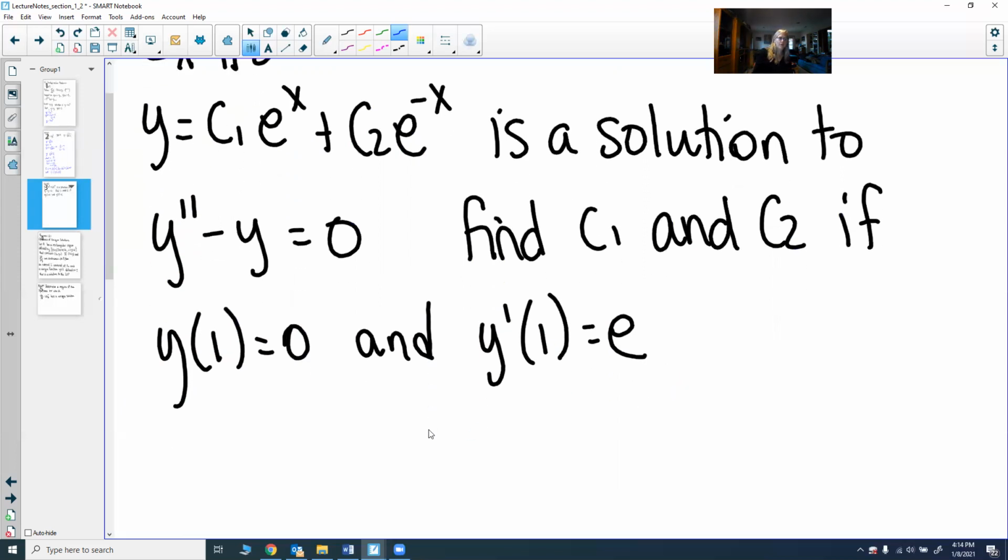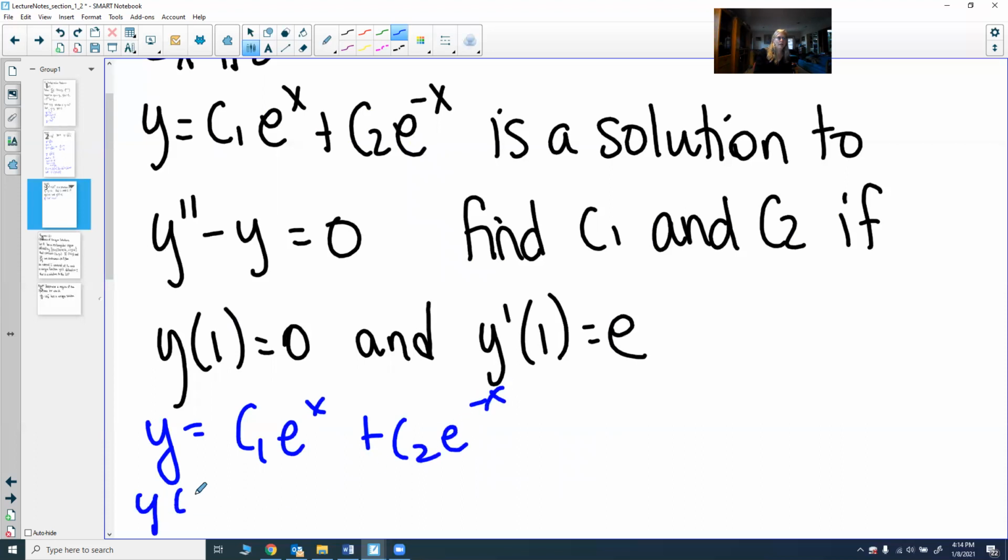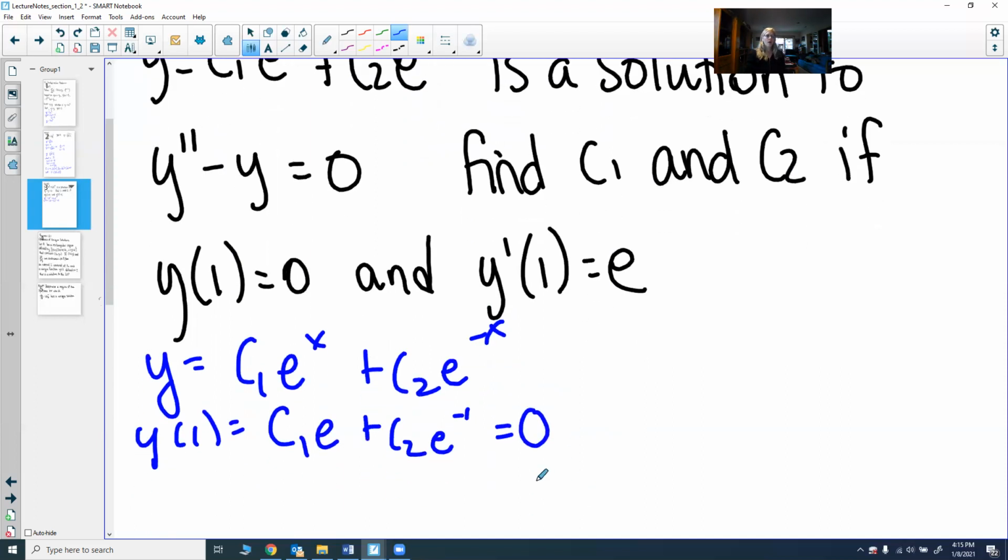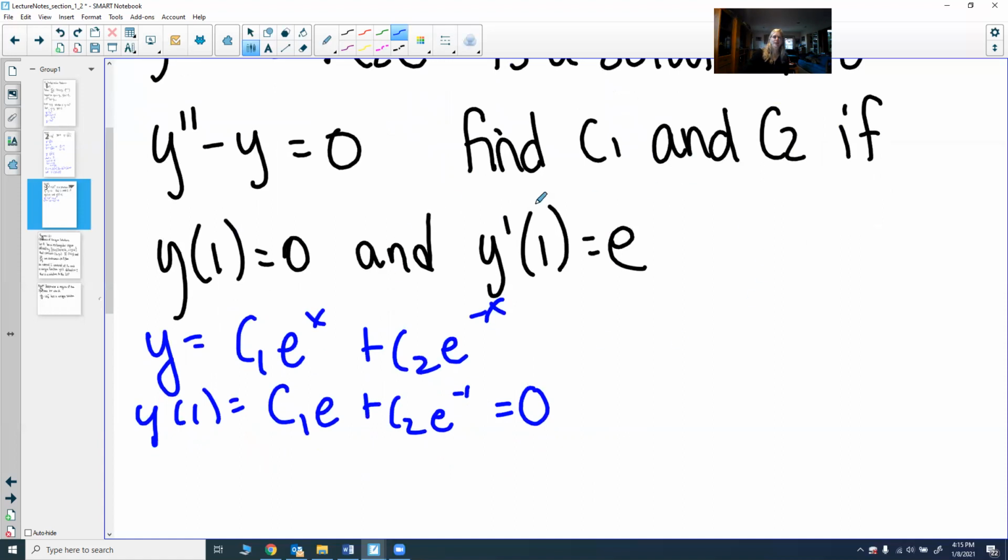So again, using the solution, y is equal to c1 e to the x plus c2 e to the negative x. y of 1 is c1 e to the 1 plus c2 e to the negative 1, and that will equal 0. Well, that's great, but the next one is y prime of 1.